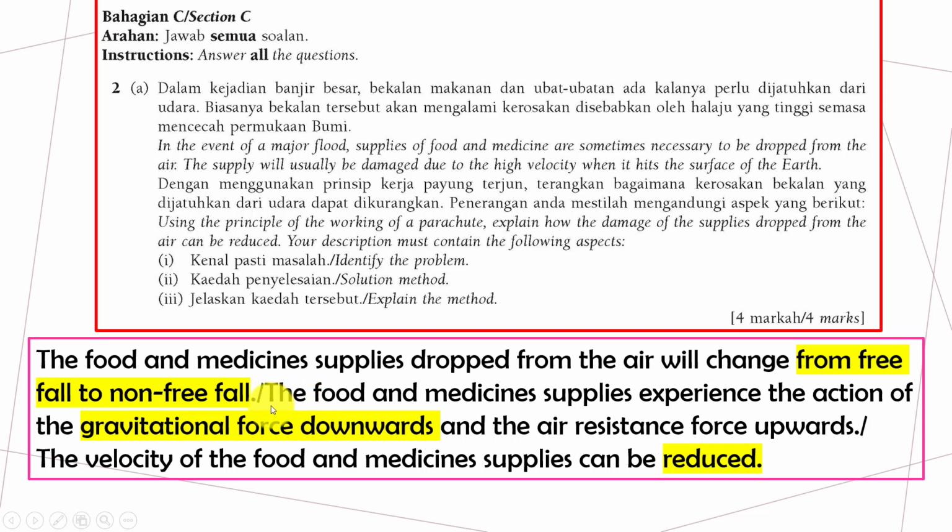Another explanation, you say the food and the medicine supply experience the action of the gravitational force downwards, then the air resistance force goes upwards. So finally, the velocity of the food and the medicine supply can be reduced. So the first step we're talking about free fall and non-free fall, then you need to explain: at the air what happened, then after that when it goes downwards, what happened.